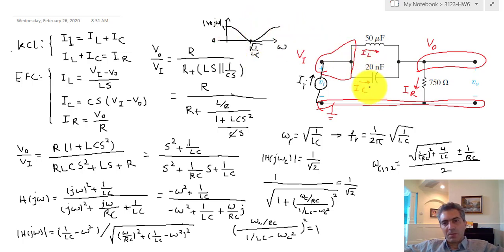Now, intuitively speaking, when you get close to this 1/√(LC) frequency, the equivalent impedance of this circuit, if you write it, approaches infinity, at which point this behaves like an open circuit, and therefore this immediately becomes 0.